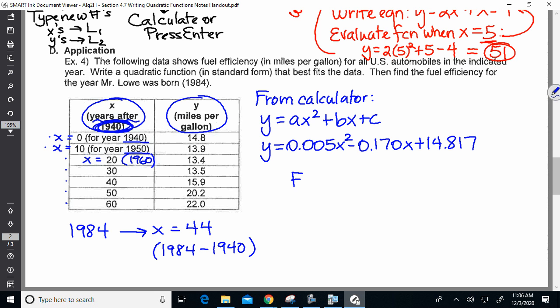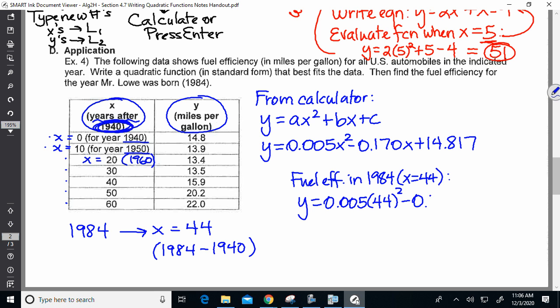So, fuel efficiency in 1984. So X is equal to 44. All you're doing then is just evaluating an expression. So, plug in 44.